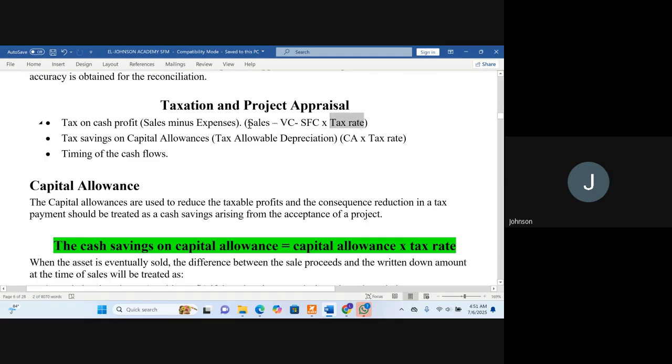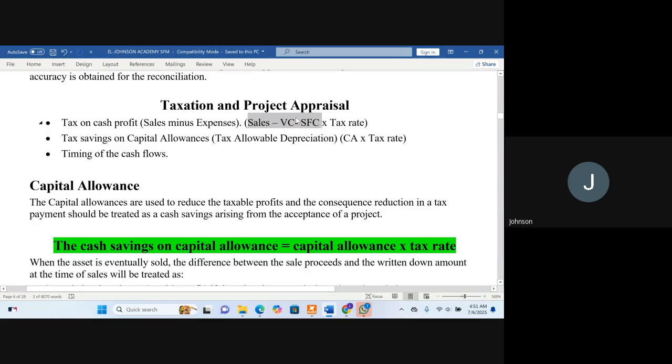So that means we did not first deduct our depreciation from the net sales. If we had deducted our depreciation from the net sales, then whatever figure we have, we just multiply it by our tax rate to get the tax we have to incur for that period. But here, when we got our sales and we minus our expenses, we got our profit, and immediately we multiply it by our tax rate.